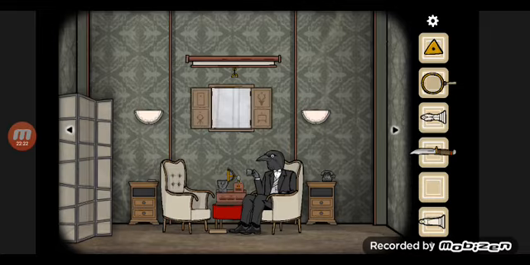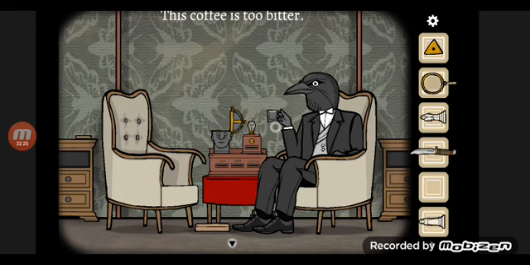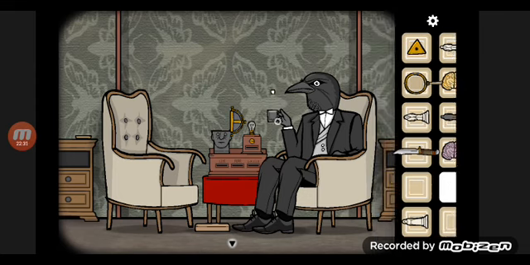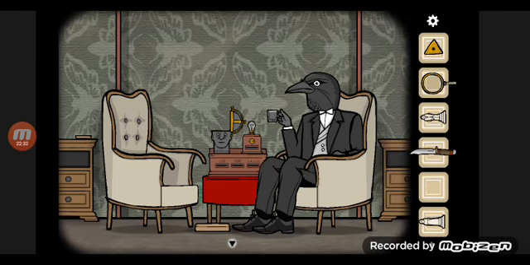Now let's turn to the right and put a sugar cube into the cup in Mr. Crow's hand. This coffee is too bitter. And click on him, and take away the crow statue.